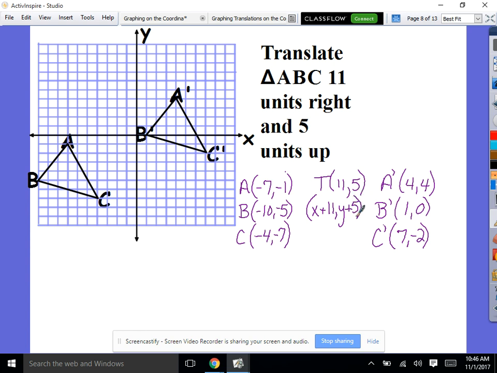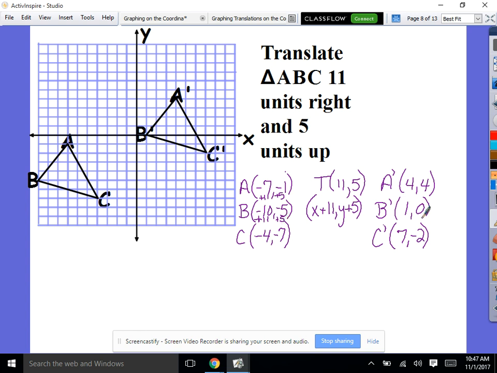So let's see. If I add 11 to negative 7, it gives me 4. And if I add 5 to negative 1, it gives me 4. Let's check B. If I add 11 to negative 10, it should give me 1, and if I add 5 to negative 5, it should give me 0.